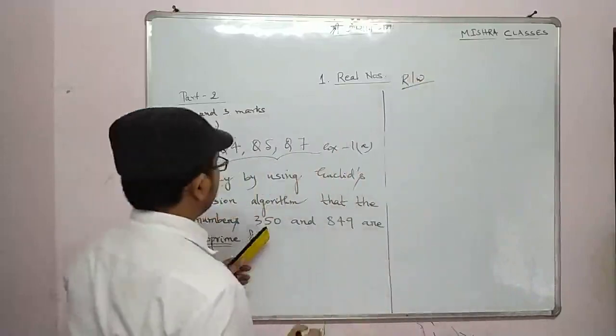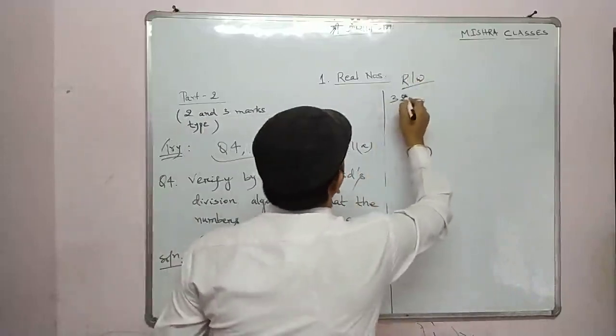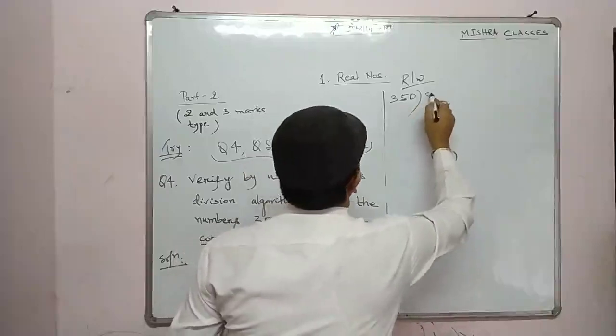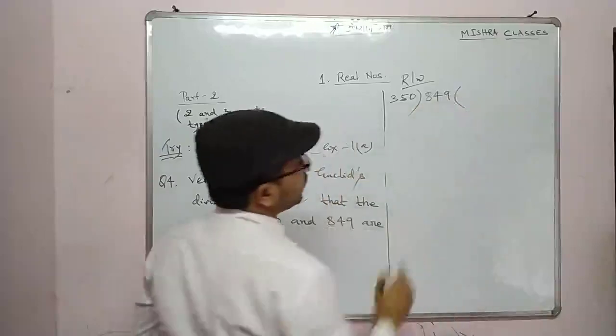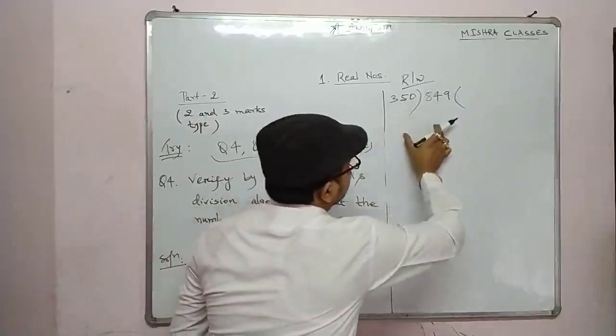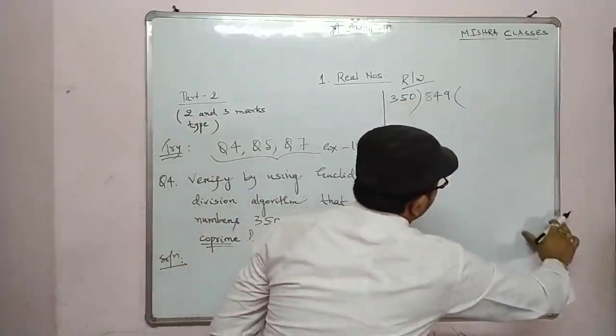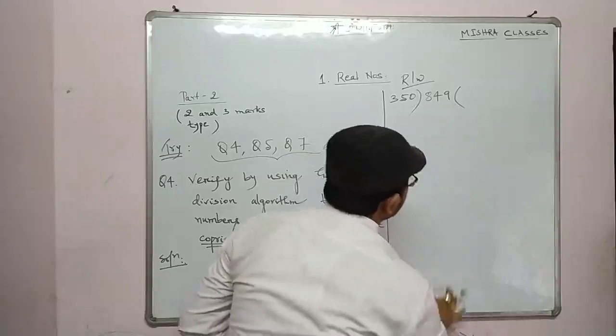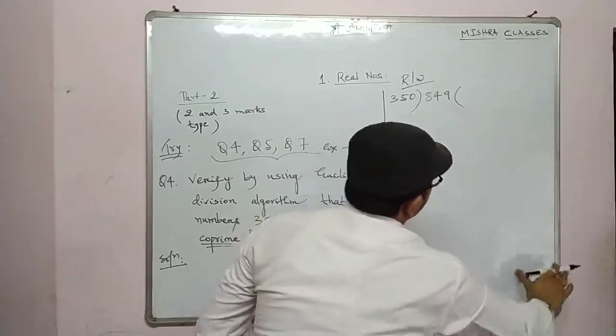Now what are the two numbers? Smaller one is 350 and bigger one is 849. Whenever you find the HCF, you start from here. Normal division process comes like this, but this one will go like this, so it needs space.